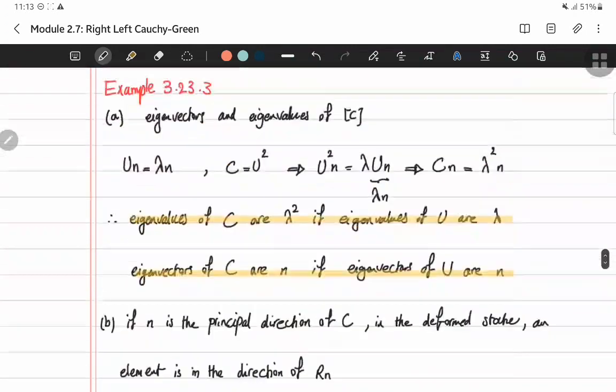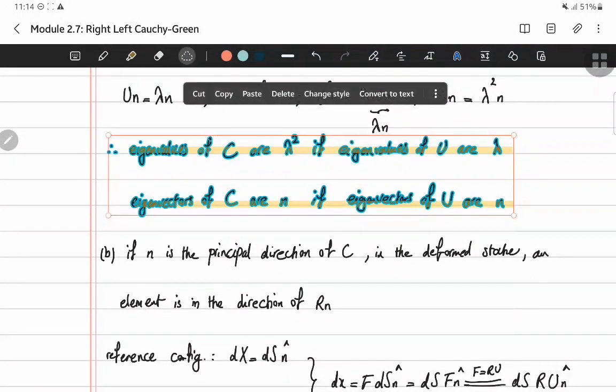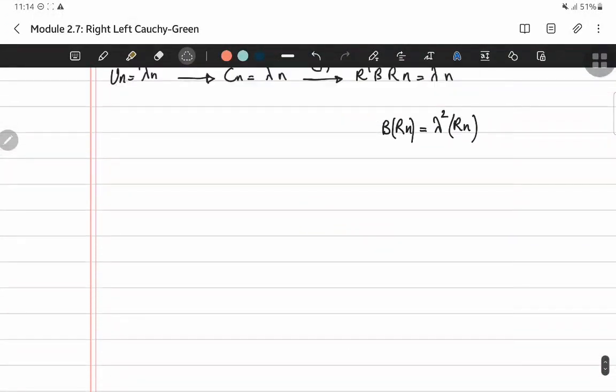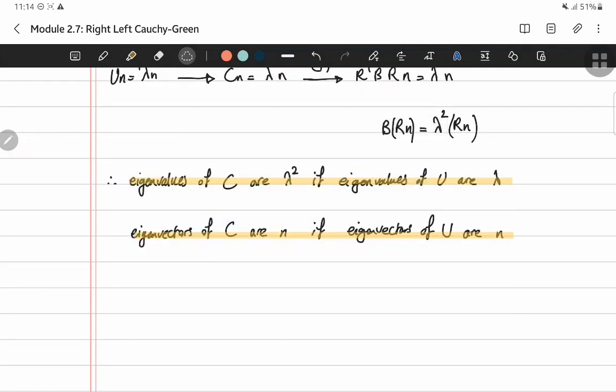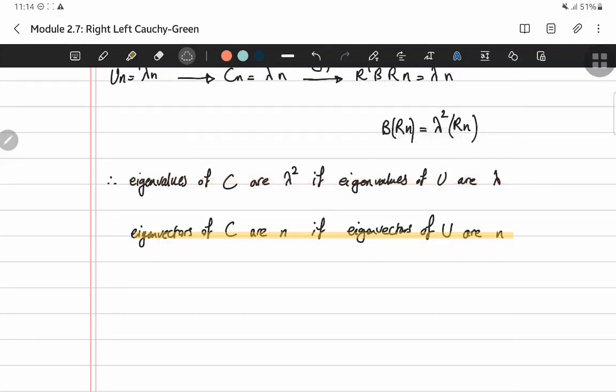So we can rewrite this expression in here for B. So if I copy this and paste it in here, if I delete this, okay, let me see if I can get it.